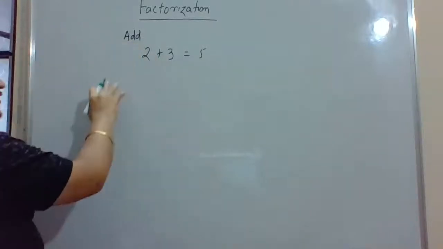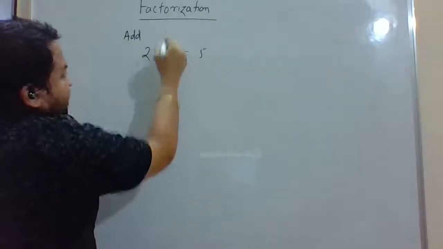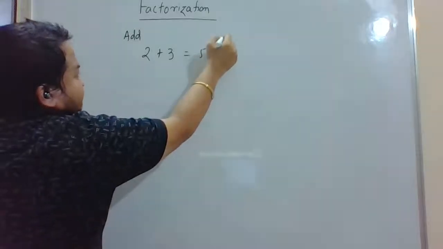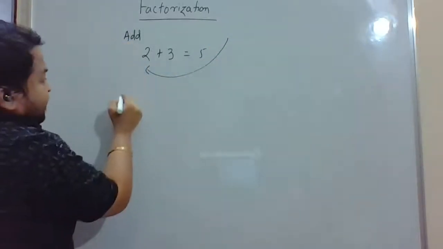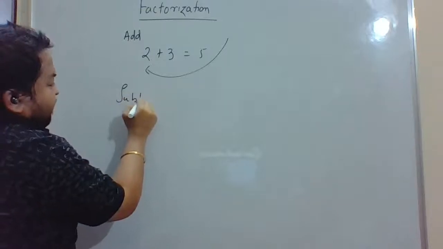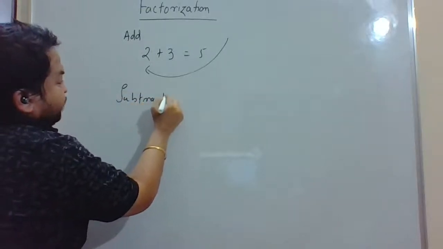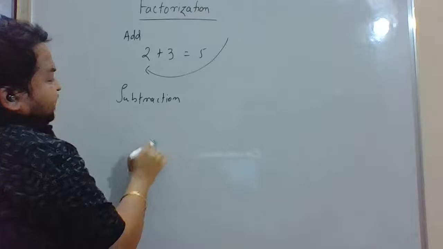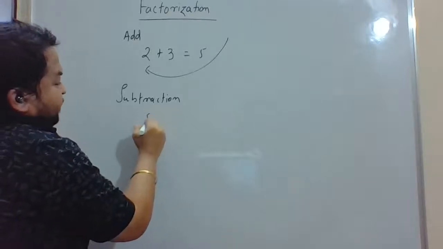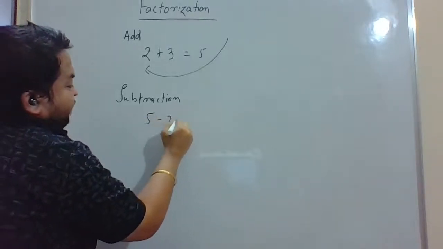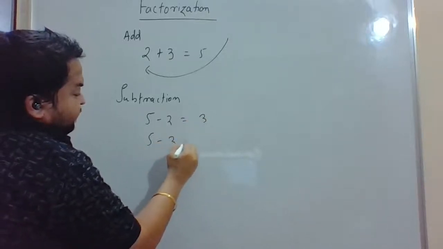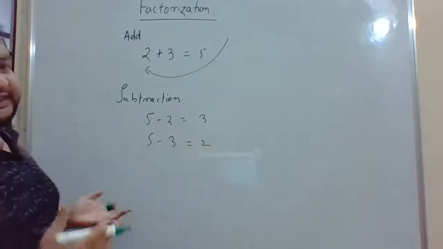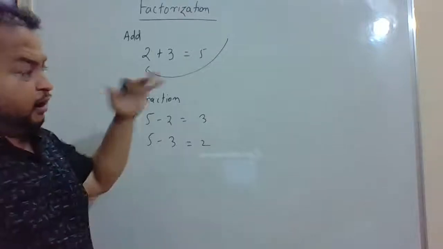After some time we started understanding the reverse function of that, which we call subtraction. If I subtract 2 from 5, I'll get 3, or if I subtract 3 from 5, I'll get 2.